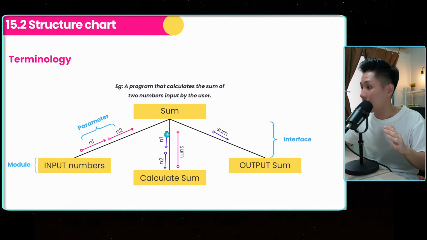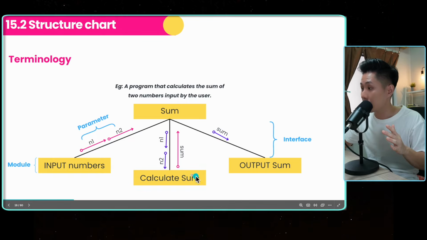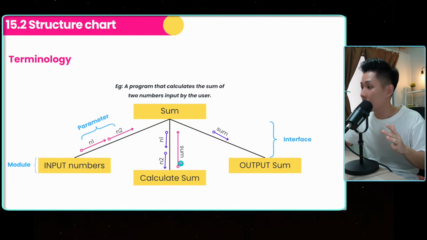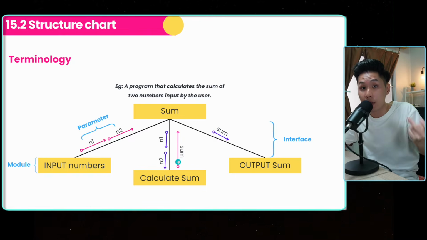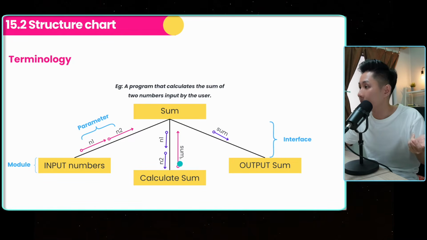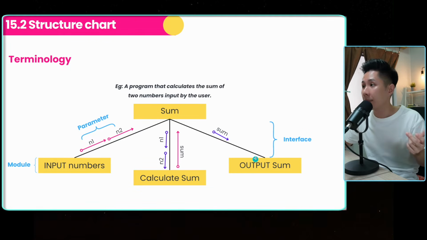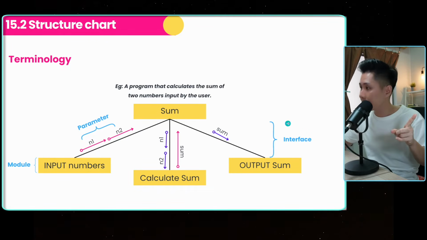So if you look at the arrow into the module here, these are the inputs that we are giving into the module calculate sum, and the arrow going out from the module is what the module produces, returns, outputs. So sum is being returned to the main module and being input again to this module to be outputted. So this is just one example.